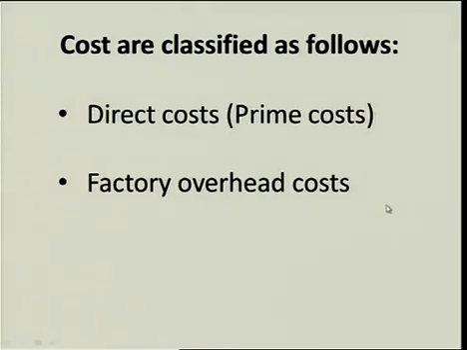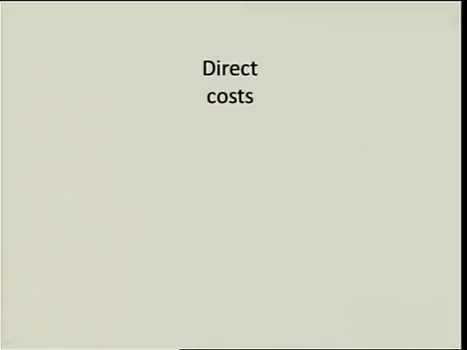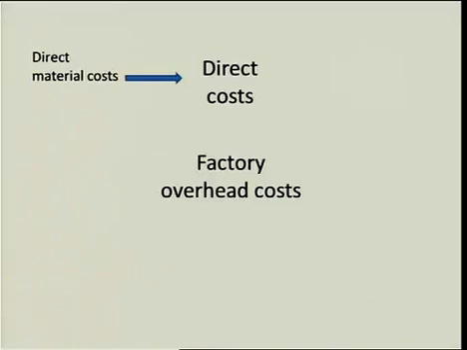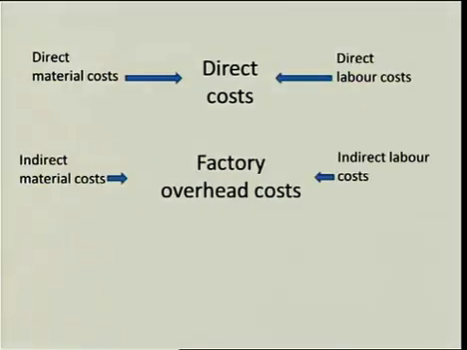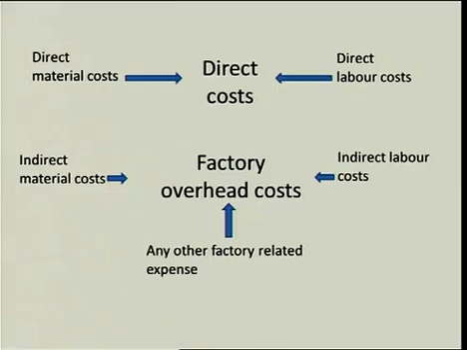So if you think about your factory, there you have your direct costs and your factory overhead costs: direct material, direct labor, indirect material, indirect labor, and any other factory related expense. So that really makes up all the costs that go into your production cost statement, and in grade 12, the production cost statement is very, very important.